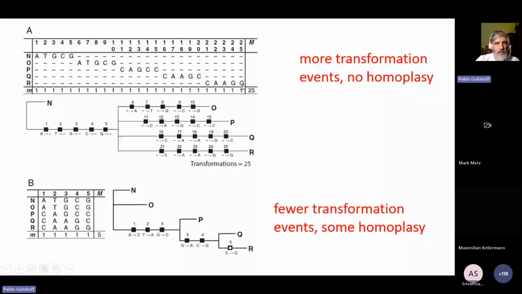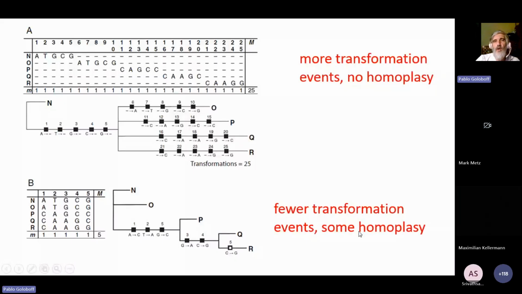And Kluge and Grant and Wheeler say, instead, in this case, you have no gaps, right? And you have one instance of homoplasy in here, right? A G transforms into a C, and then it goes back into G. So this has fewer steps, right? But has some homoplasy.